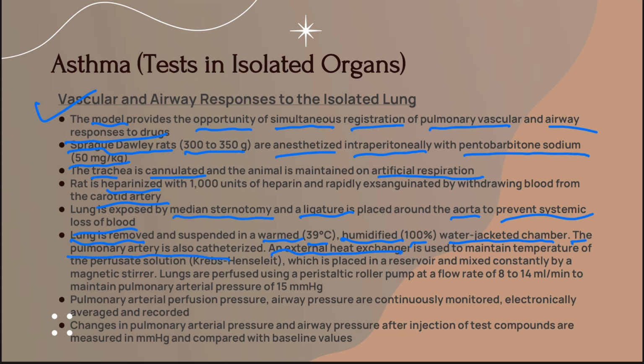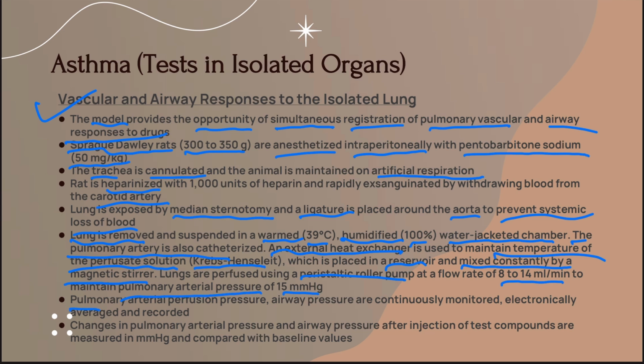Then an external heat exchanger is used to maintain the temperature of the perfusate solution, the Krebs-Henseleit solution, which is placed in a reservoir and mixed constantly by a magnetic stirrer. Now lungs are perfused using a peristaltic roller pump at a flow rate of 8 to 14 ml per minute to maintain the pulmonary arterial pressure of 15 mmHg.